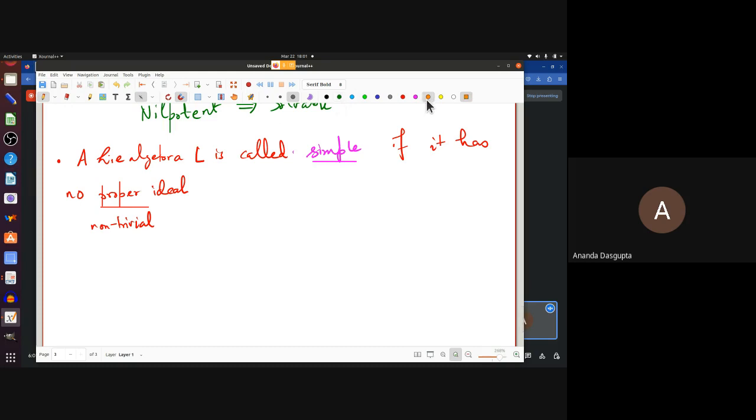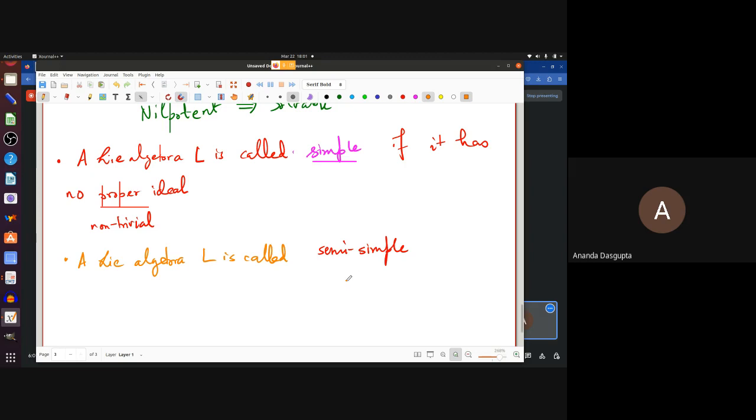Semi-simple essentially is defined this way. A Lie algebra L is called semi-simple. I hope nobody here is American enough to call this semi-simple.